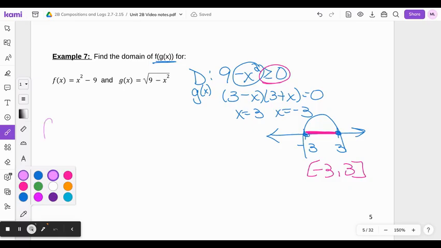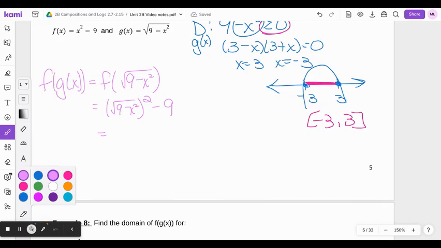All right, let's actually create f of g of x. So we're doing f of g, which is the square root of 9 minus x squared, which means we're taking that, squaring it, and subtracting 9. If I square it, I just get the radicand. And when that simplifies down, that's f of g of x.